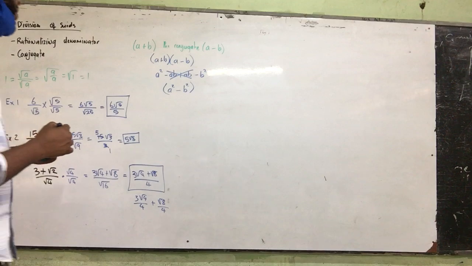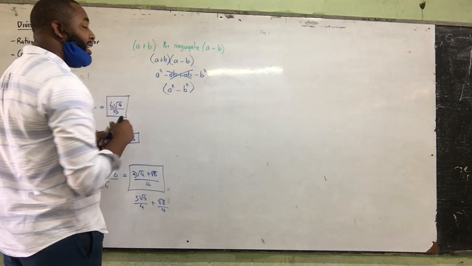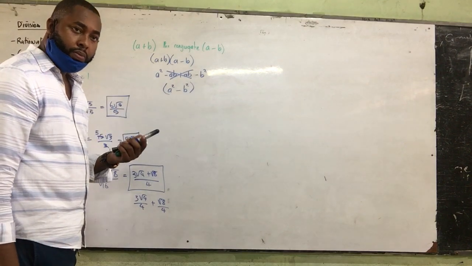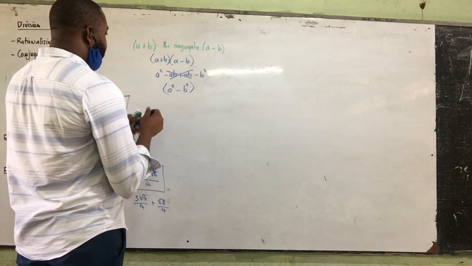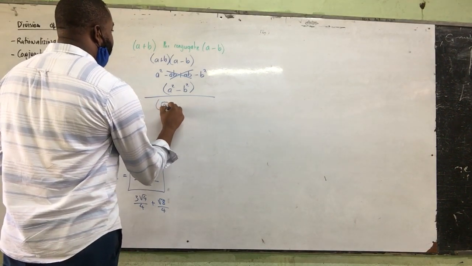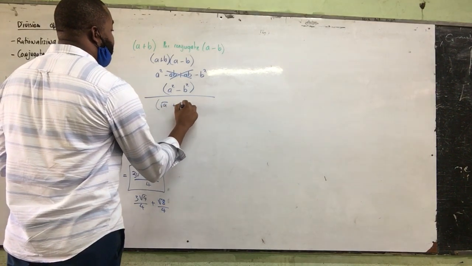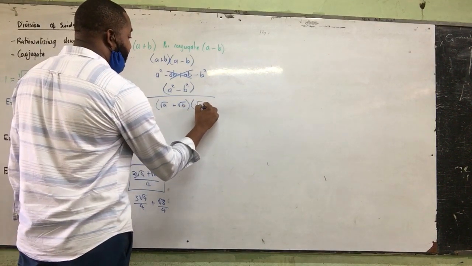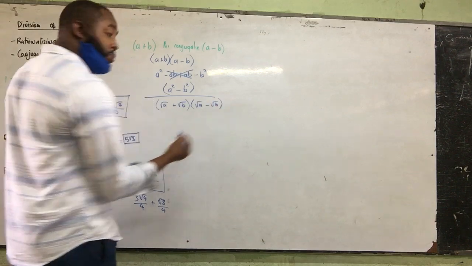So you can figure if there was a radical in any one of these, the square is going to undo the radical. For example, if I had root a plus root b, the conjugate of it is going to be root a minus root b.